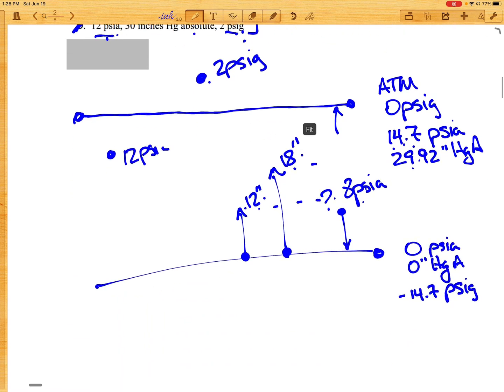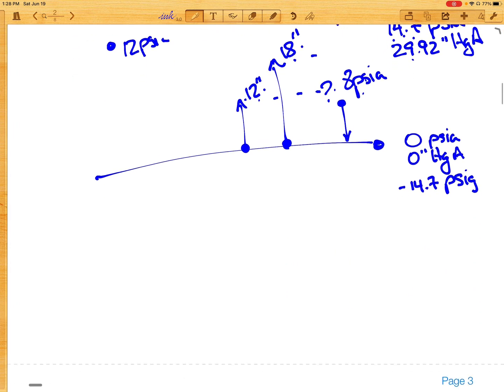All right. So what did I want you to get out of this demonstration? Units are very important. First, numbers. Units, specifically vacuum, vacuum somewhere, vacuum absolute.